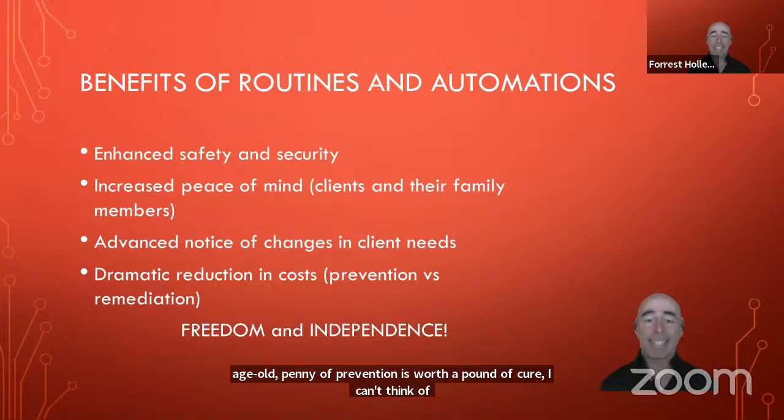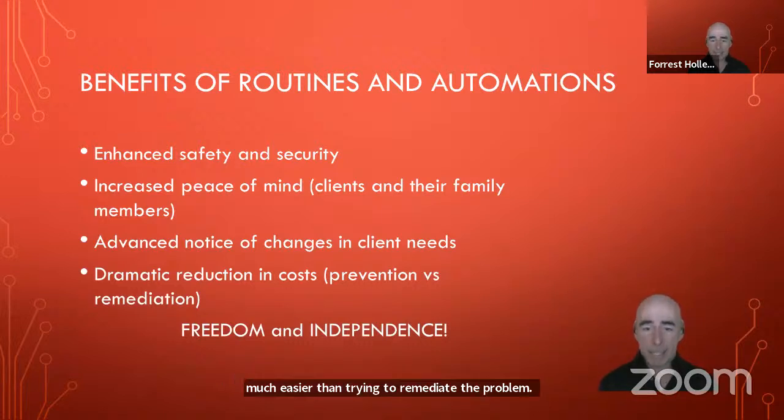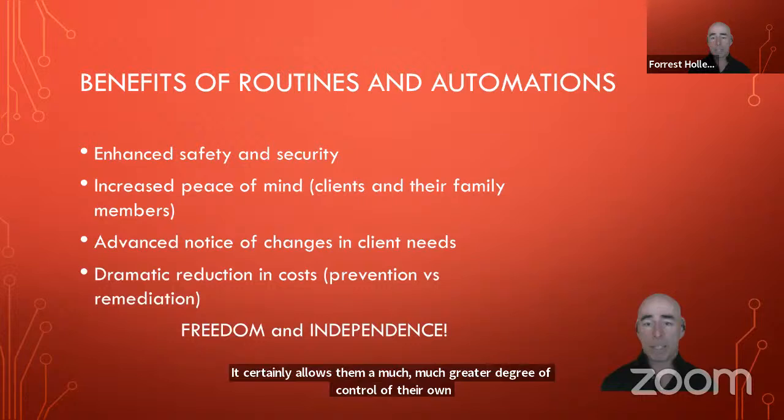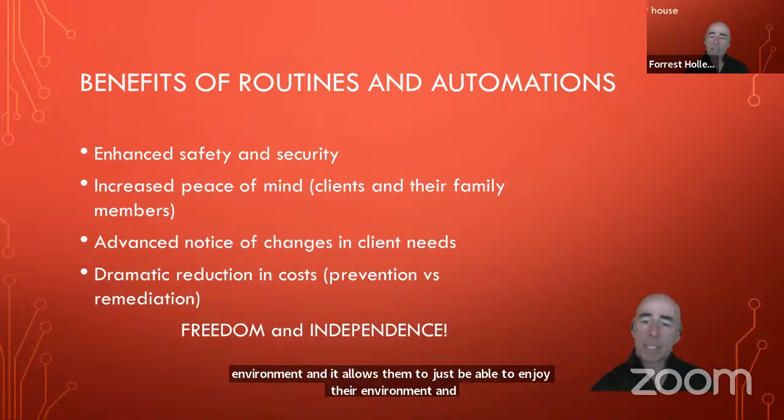If we can prevent somebody from having an issue, it's so much easier than trying to remediate the problem. And what do all these things bring? Ultimately, freedom and independence for folks. It allows them a much greater degree of control of their own environment, and allows them to enjoy their environment and have a much richer life.